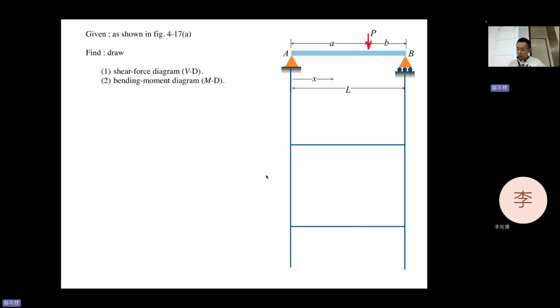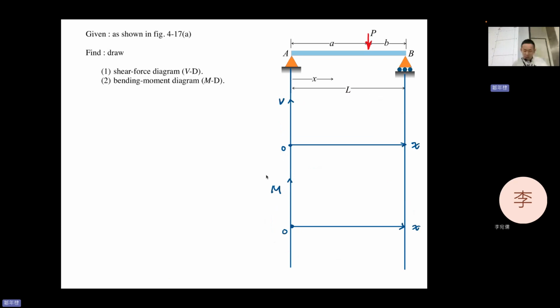There are two figures. This is 0, and this is the x direction, 0. This is the shear diagram, and this is the moment diagram. So we have two figures: the first is the shear diagram, the other is the moment diagram.